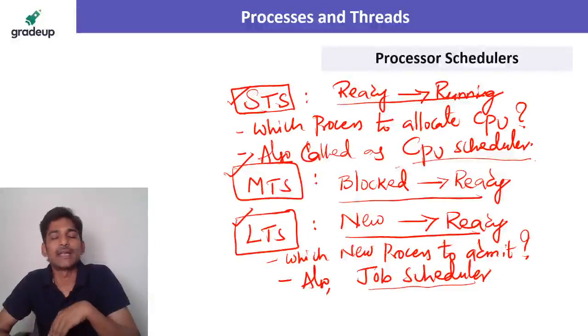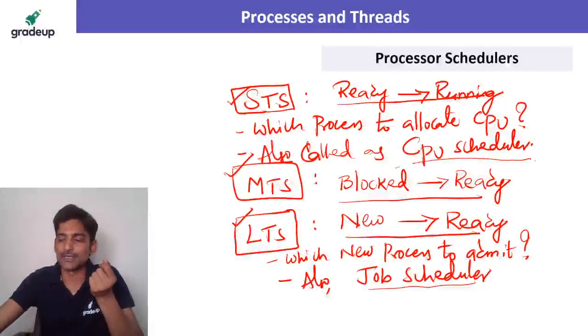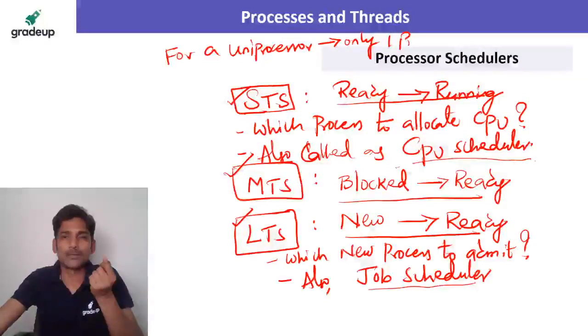Harshil, running to blocked, there is no need to schedule, because whenever we take a uniprocessor system, only one process will be there in the running state.